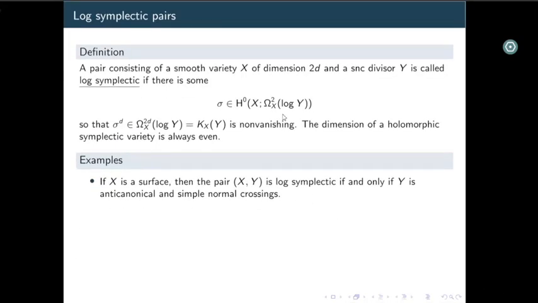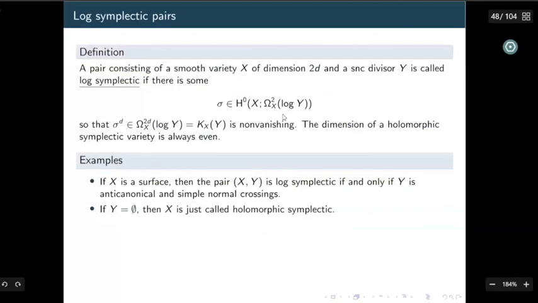What are some examples? Basic examples, going back to what I talked about already: if you take a pair consisting of, say, a surface and a simple normal crossings anti-canonical divisor, then this is immediately log symplectic, in the same way that in dimension 2, being Calabi-Yau is the same thing as being a symplectic variety or holomorphic symplectic.